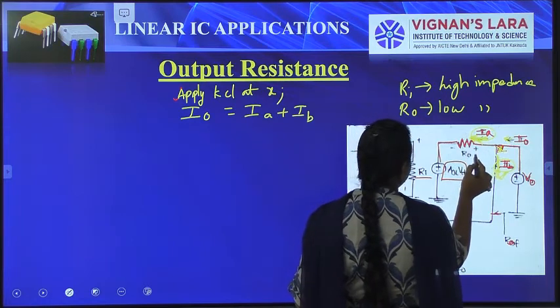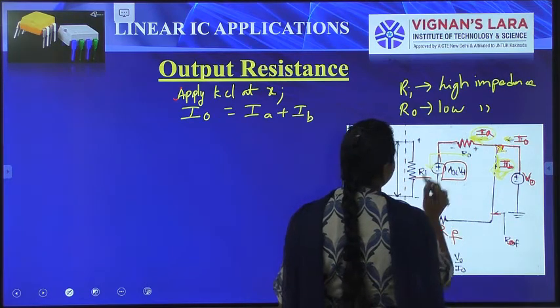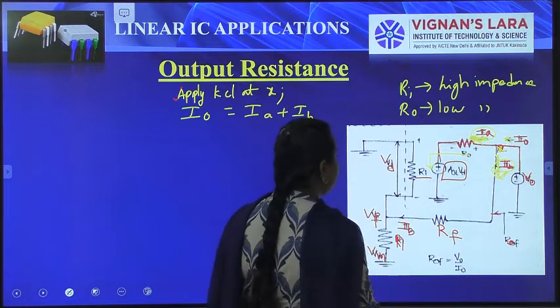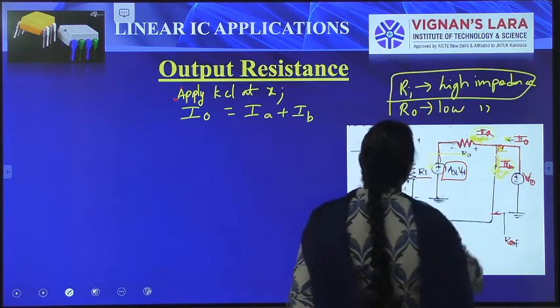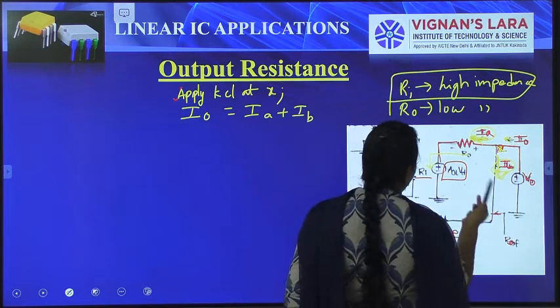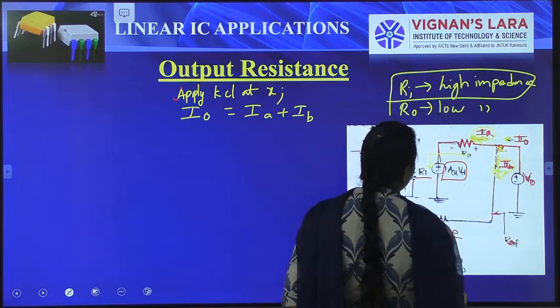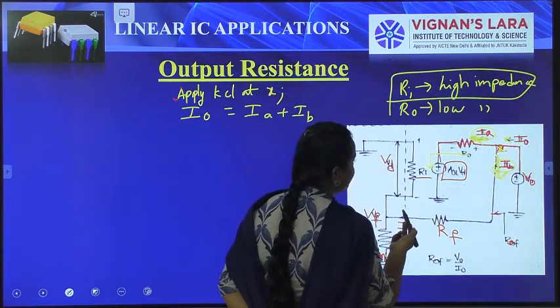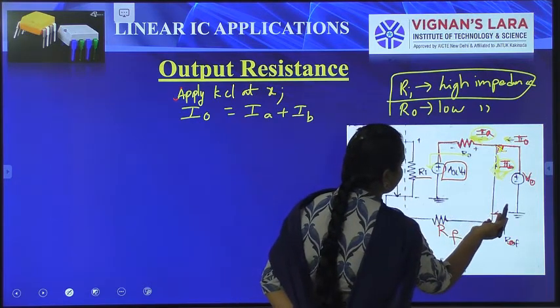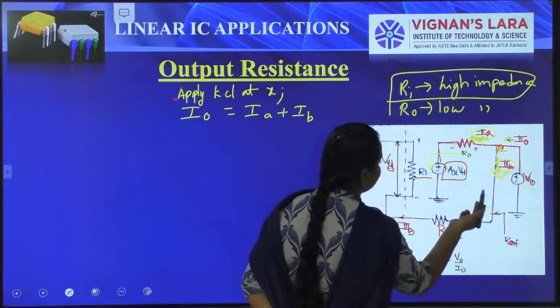So the current entering the input resistance is IA. RI is very high compared to the output impedance connected across this terminal, which is very low.